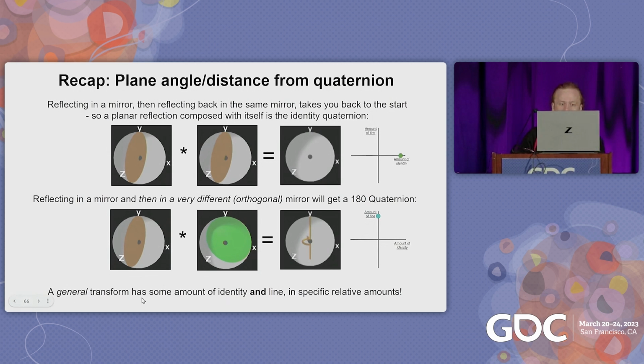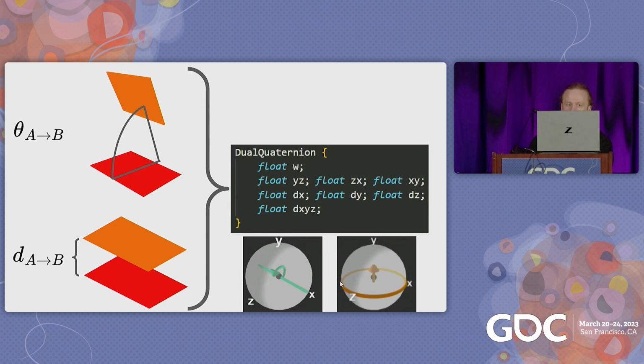In general, a transform, such as a quaternion, has some amount of identity and some amount of line, and in specific relative amounts. So the angle we saw was controlled by those relative amounts. We wanted to get the angle and the distance of 2 planes.